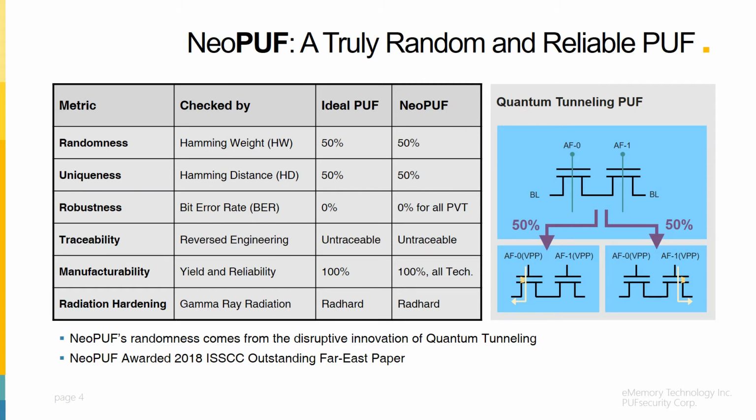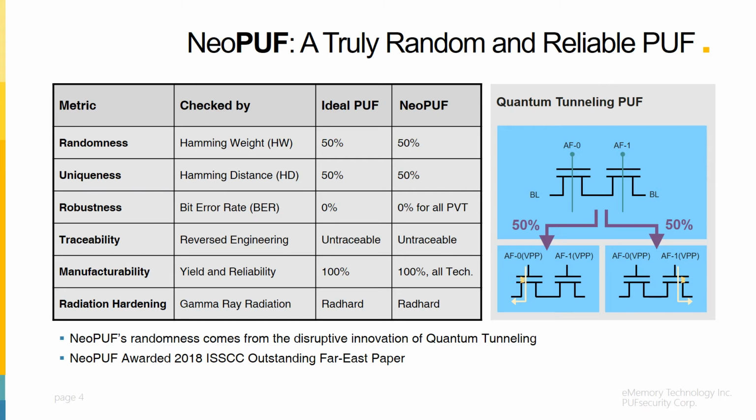Regarding traceability, because precise energy control is used in the entropy generation process, there will not be any physical marks generated. So there is no physical or electrical analysis that can reverse Neopath entropy.